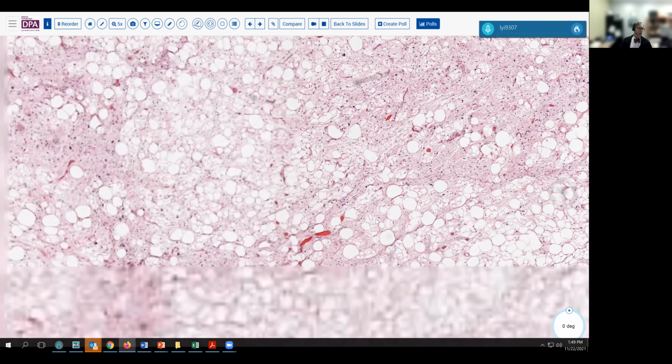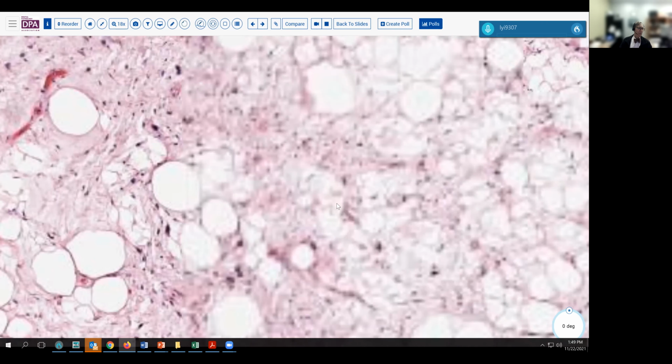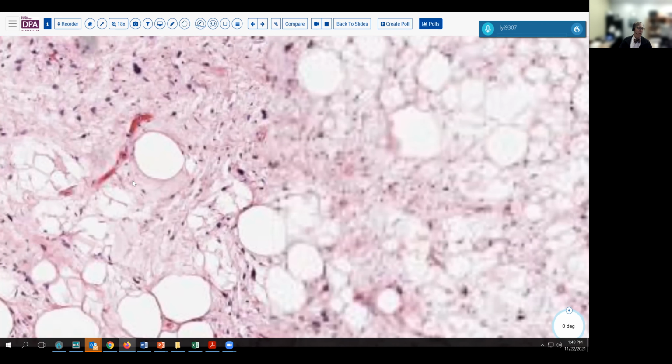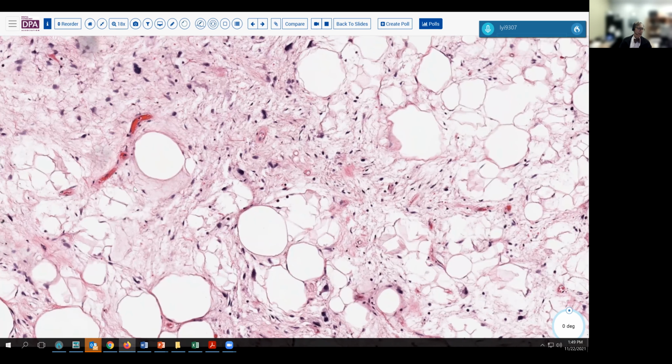tumors. So just to give you an idea of this morphology, sometimes these atypical cells can be plentiful. Sometimes they're really quite rare and may require a pretty extensive search, because obviously in the retroperitoneum especially, a lot of benign fatty tissue can be resected along with the more diagnostic tissue.